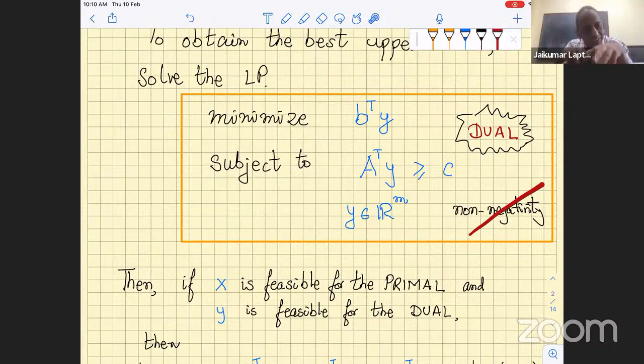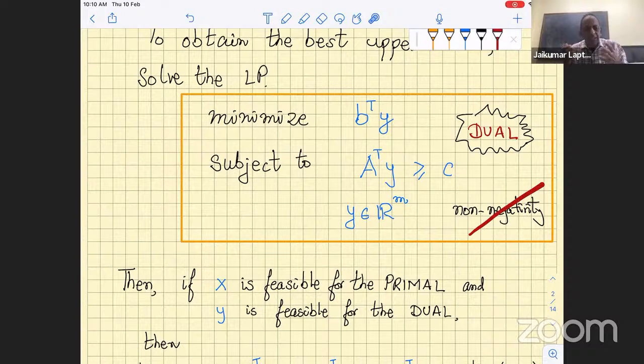So what we can do is, instead of explicitly writing this minimize and maximize, we write all the equations with x and y both and equate their objective functions. We create a system of equalities and inequalities where we collect together all the inequalities from the primal, all the inequalities from the dual, and also add one more equality which says that the dual's objective must be equal to the primal's objective.